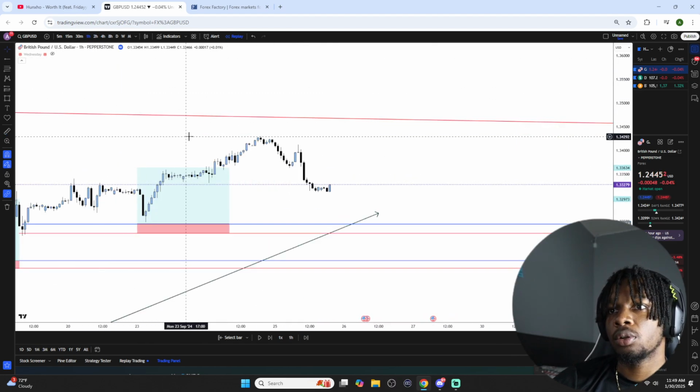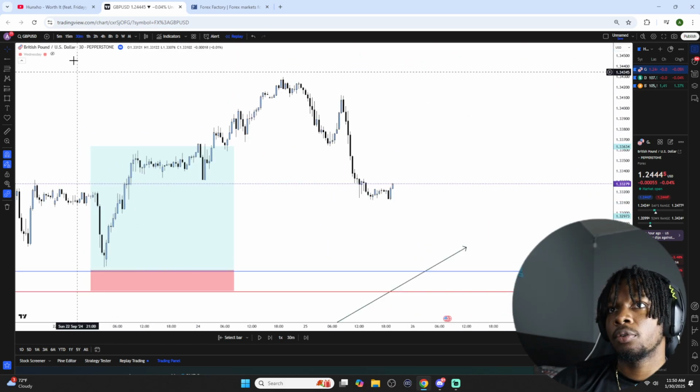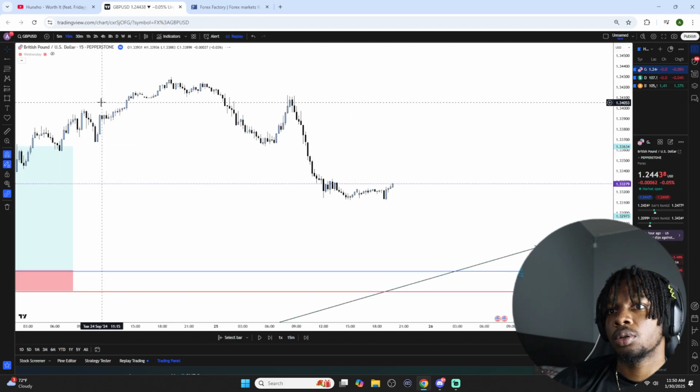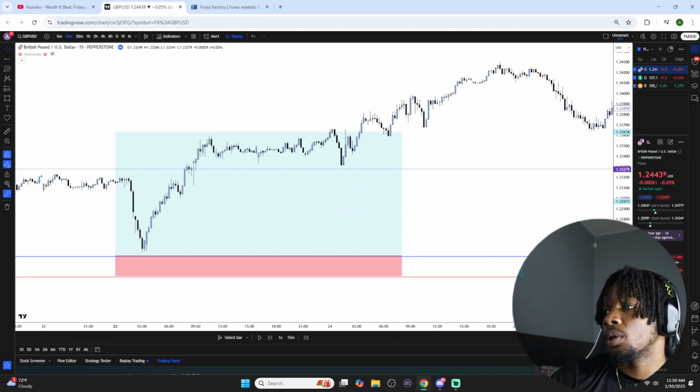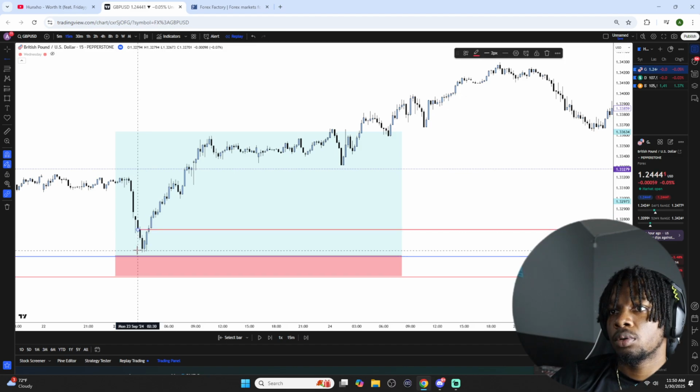So you're gonna go down to the lower time frame. 1 hour is still too big. Now we have 30 minutes, too big. Now we have one on the 15 where we can put our entry right there in the middle, stop loss at that low. And now we're gonna use this.